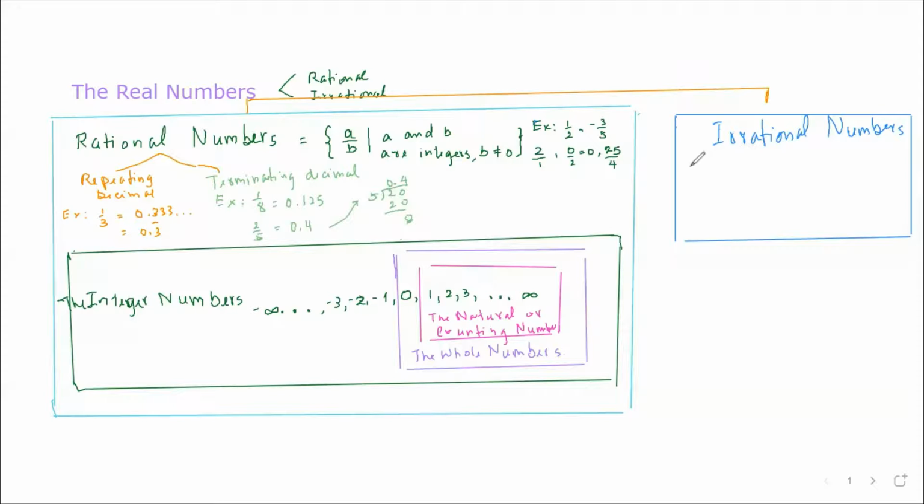For example, most of the time they are square roots: square root of 2, square root of 3, like this. Most are primes, but some composite numbers are also irrational, like square root of 6, or pi.